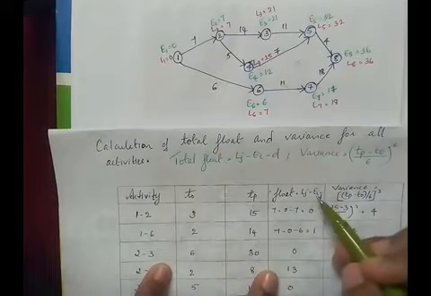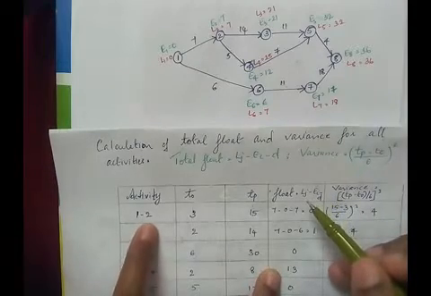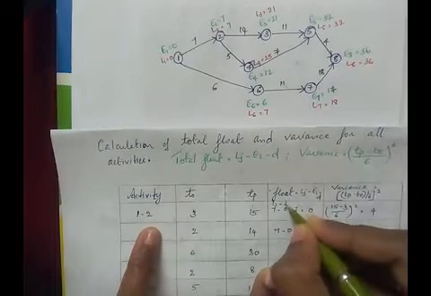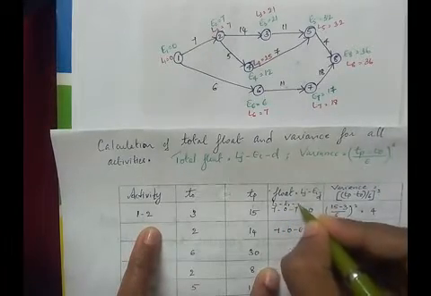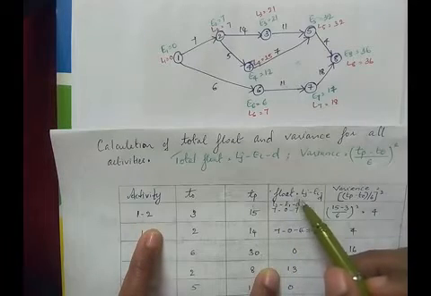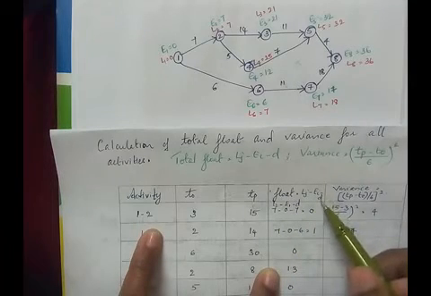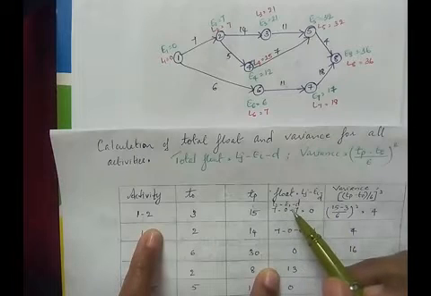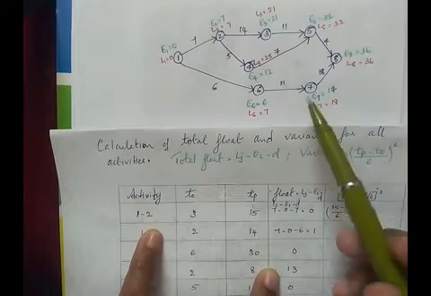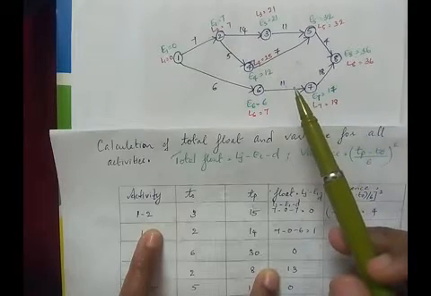So Lj minus Ei minus D means L2 minus E1 minus D. L2 and E1 can be obtained from the network diagram which we have drawn earlier.